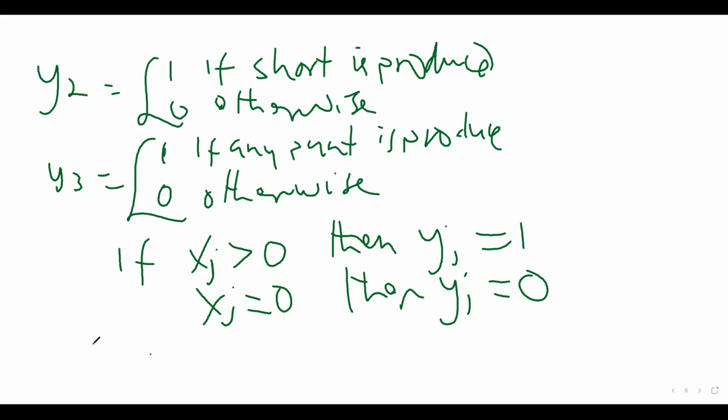So what I'm saying is that if x1 is going to be greater than 0, what does it mean? What it means is I'm going to produce shirts. Remember, x1 is shirt, isn't it? If I'm going to produce shirt, then I need to have bought the machinery for shirt. And that is y1. So then y1 should be equal to 1. Now, why is y1 not greater than 0 but 1?